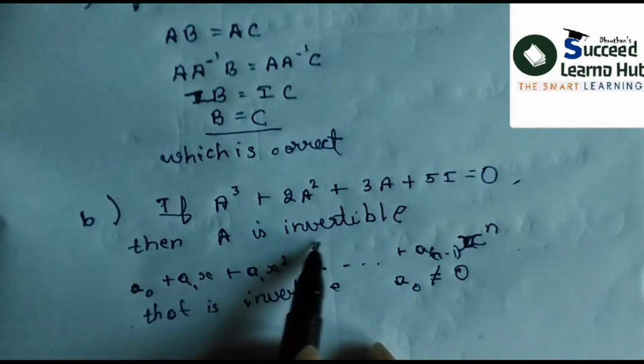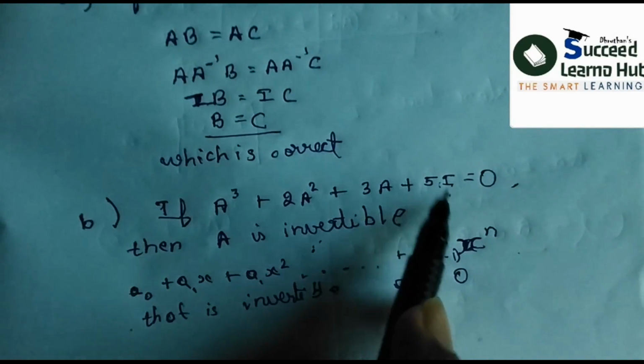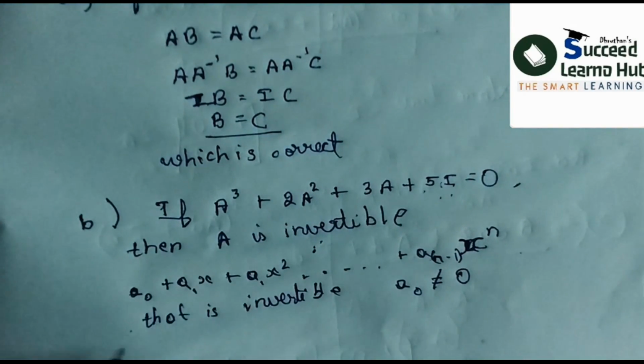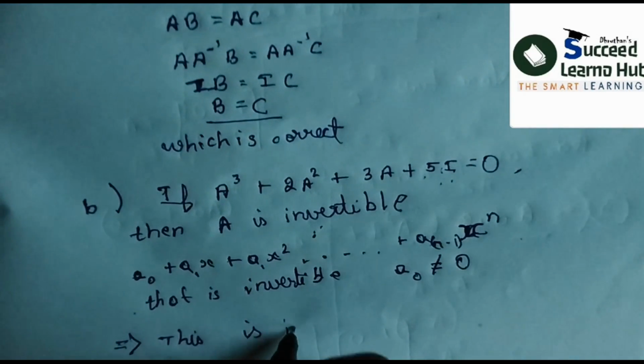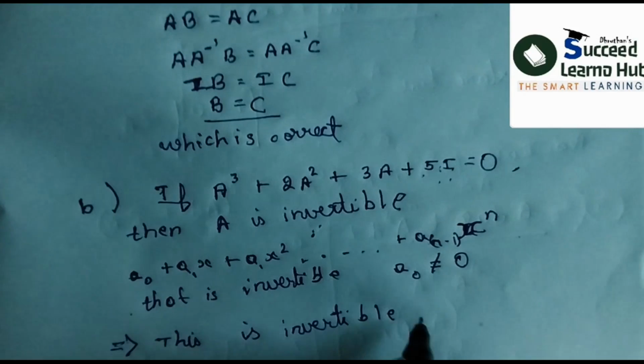Here in this equation, since 5I is not equal to 0, we have a0 not equal to 0. So this is an invertible matrix.